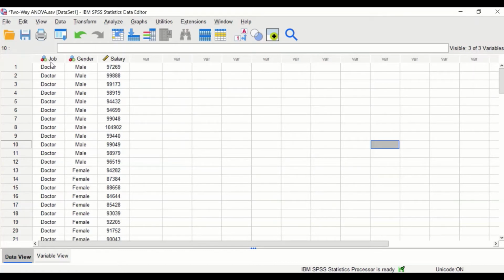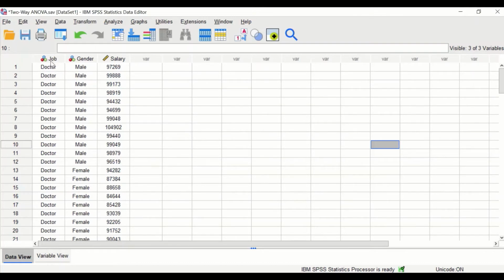So here we have the first factor, which is the job, the second factor, which is the gender, and the third variable is the salary variable, which is continuous, and this salary is the dependent variable, measured in pounds, and it is the salary earned annually by each individual.